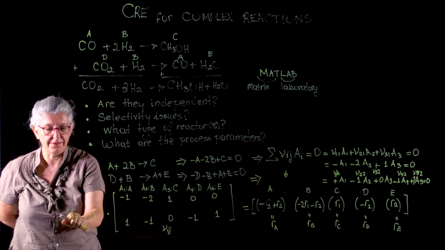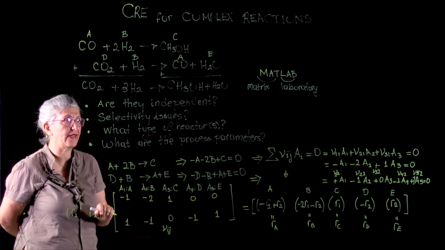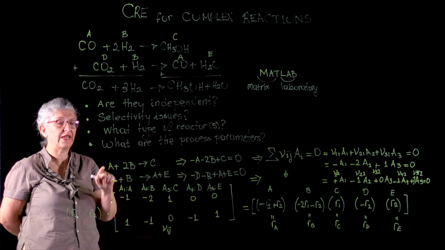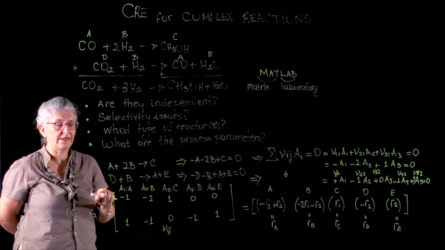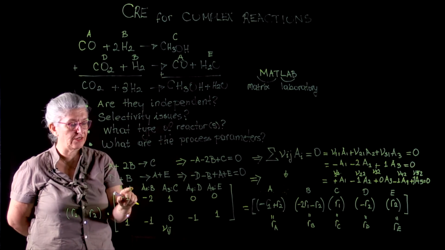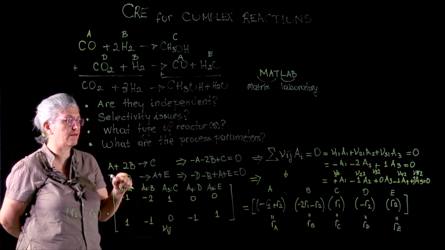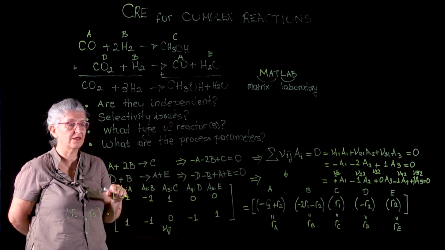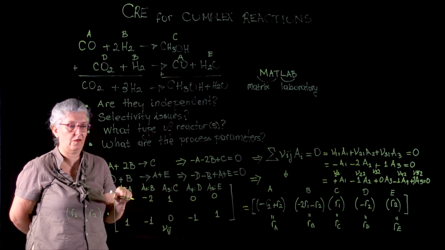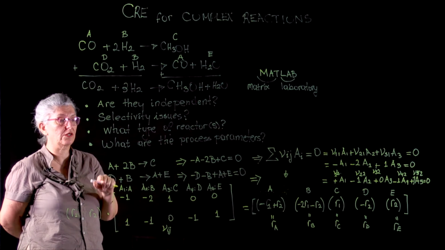We can have their independent rates of those reactions, and the matrix multiplication in this fashion gives us the rates of reactions with respect to that particular component.